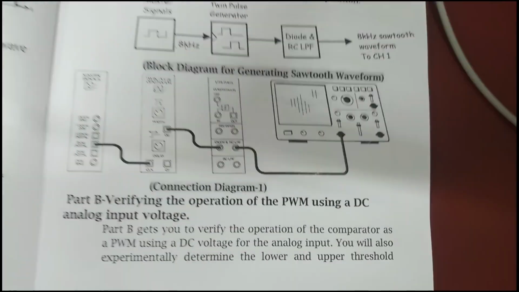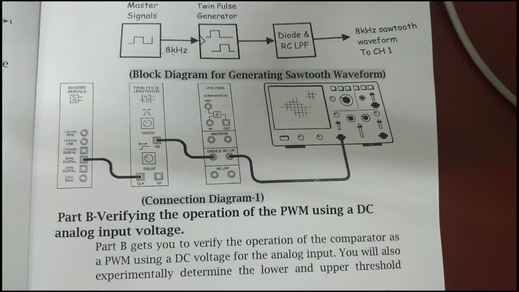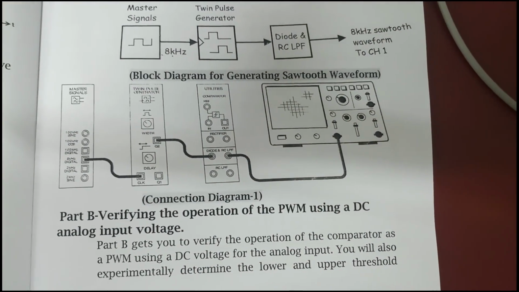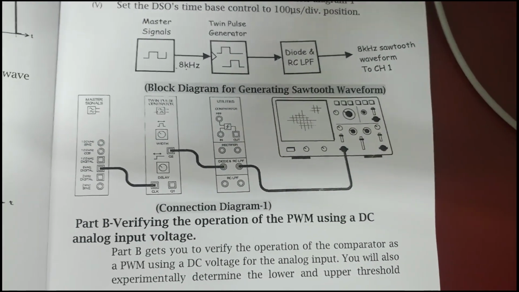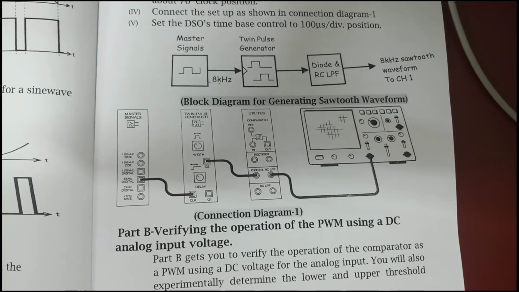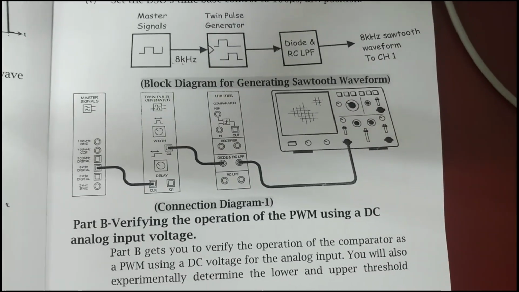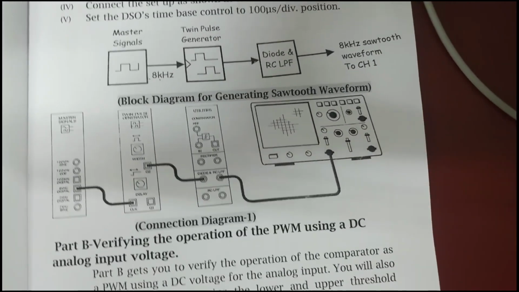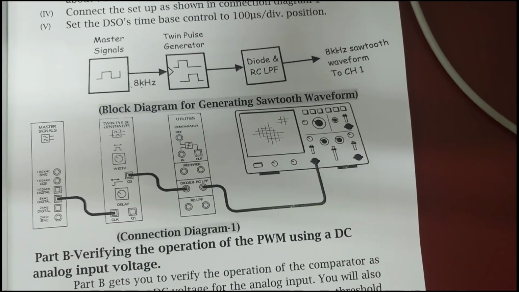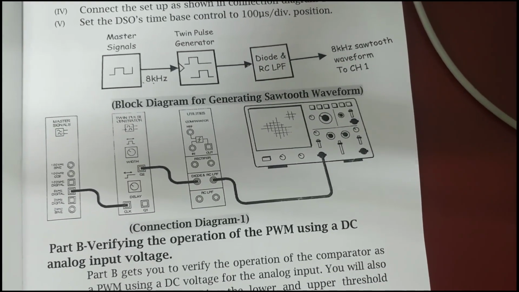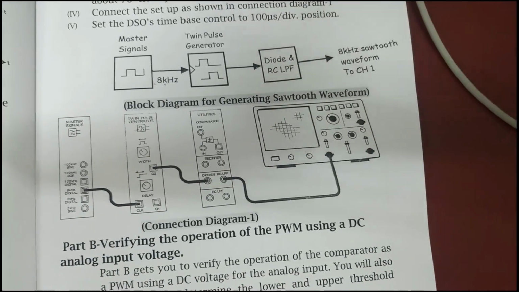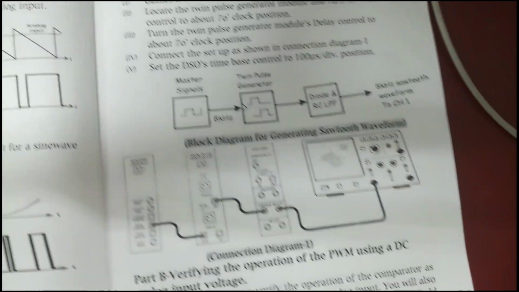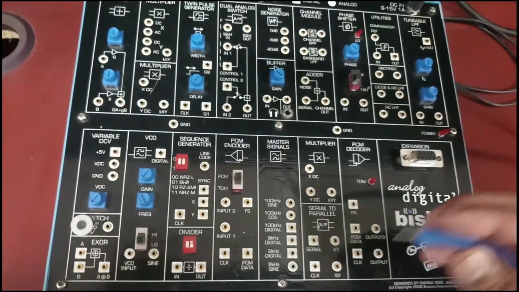So our first part is how to generate a sawtooth waveform. There are 3 modules used in total: first the master signal, then the twin pulse generator, then a diode and an RC low pass filter. Using that connection diagram we will connect.